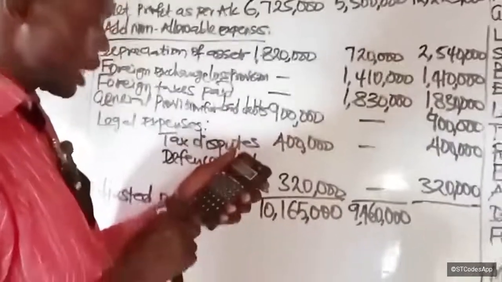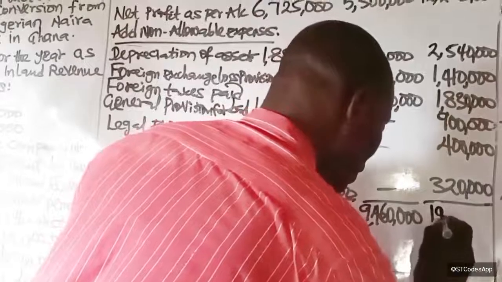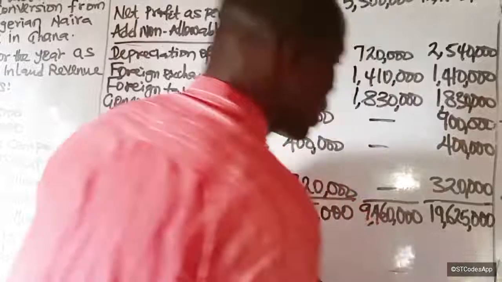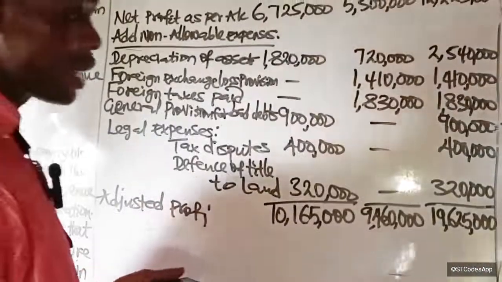And that is totaled 90,625,000. After this, you are going to claim the capital allowance as a relief.